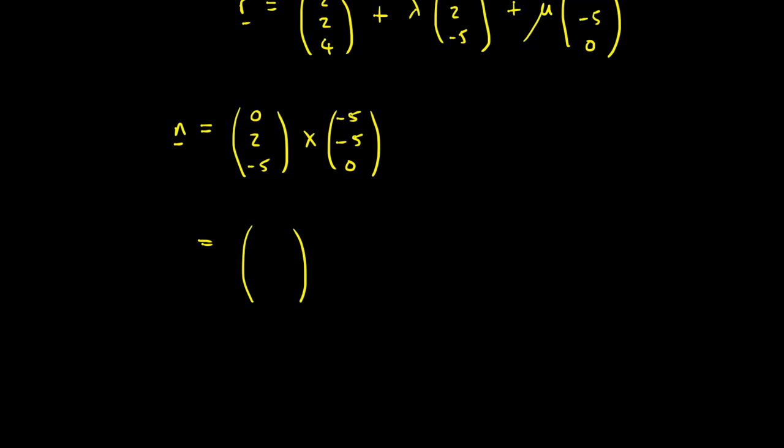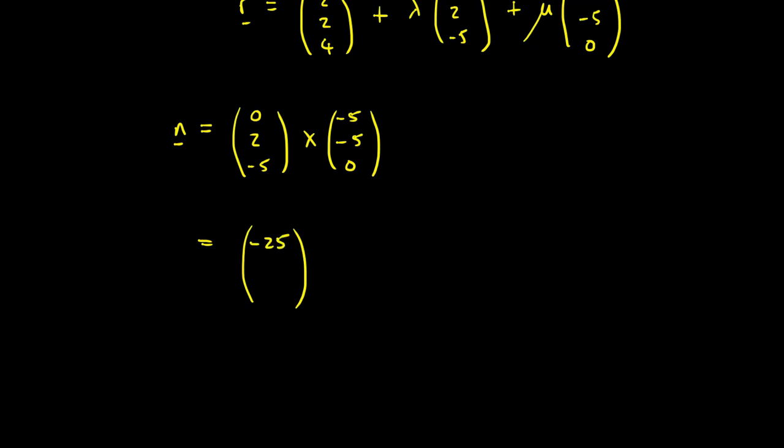So the first element is going to be the determinant of these here. If I want the first element, I ignore the first row, and I find the 2 by 2 determinant of this. So I get 2 times 0, which is 0, minus -5 times -5. And -5 times -5 is positive 25, so I've got minus 25 there.